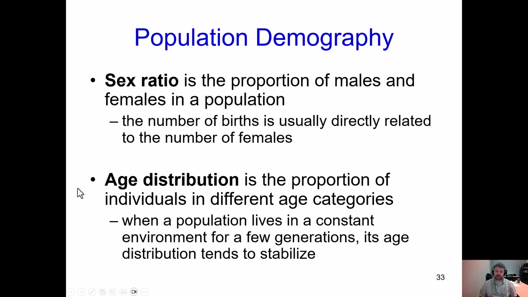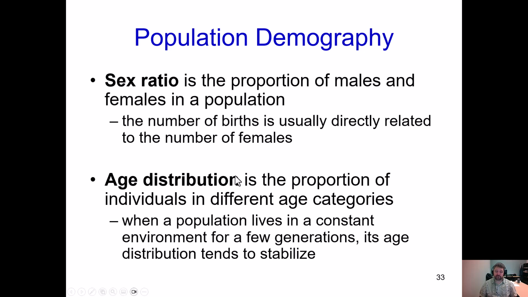Sometimes, again, like I said at the very beginning, sometimes age is replaced with size. Okay, because sometimes we just classify based on size, and it's not based on age, because age might be difficult to get at in the environment.